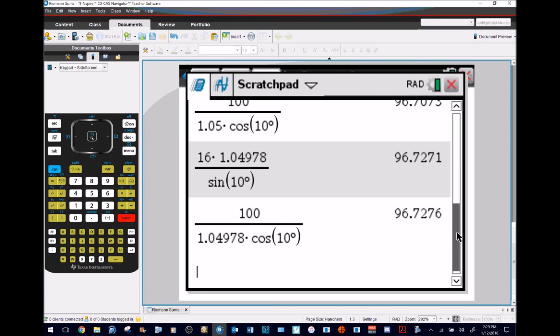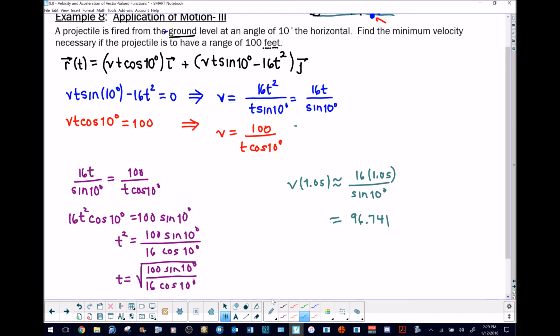So the reason why I purposely did this problem so that I had this rounding error is to reinforce that to my students and anybody else that's watching out there. That is awfully important. The better answer here undoubtedly would be 96.727.